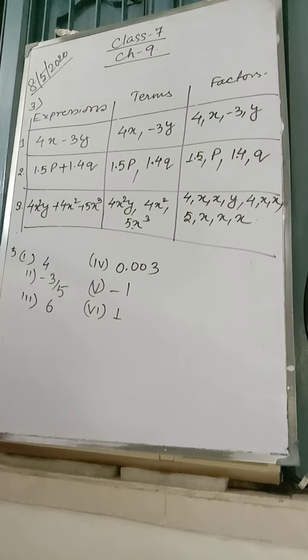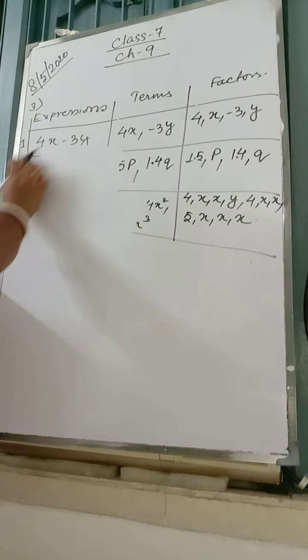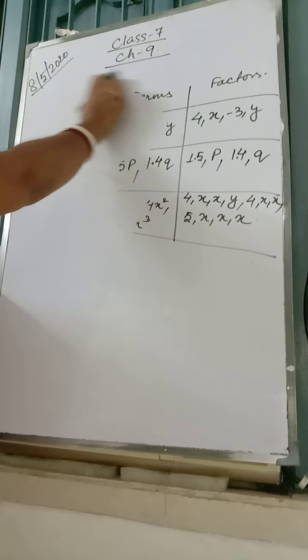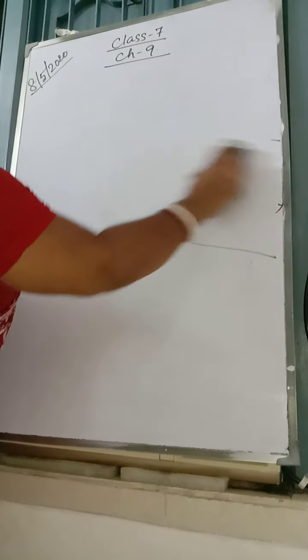Now question number 6. Classify the following into monomial, binomial and trinomials. Now what is the general name given to all of them? That is expression. Now monomial, I have told you, when the terms are written using addition and subtraction. If it is written in the term of multiplication and division, they are called a single term.